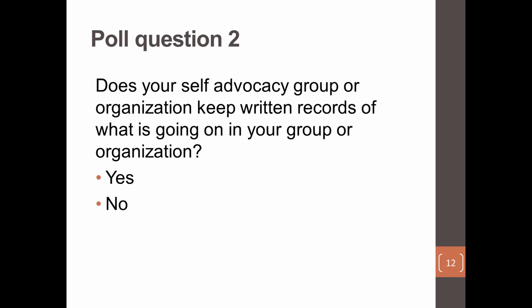So now we have another poll question for you, and you can answer it online if you're able to. If not, that's okay. The second poll question is, does your self-advocacy group or organization keep written records of what is going on in your group or organization?